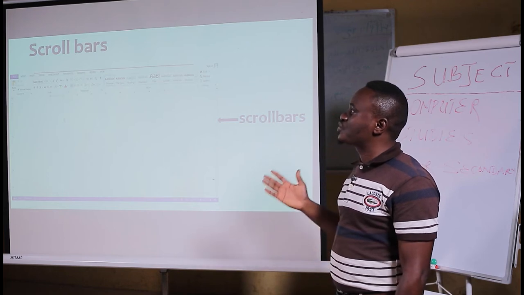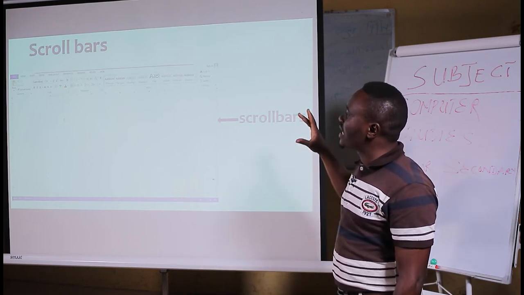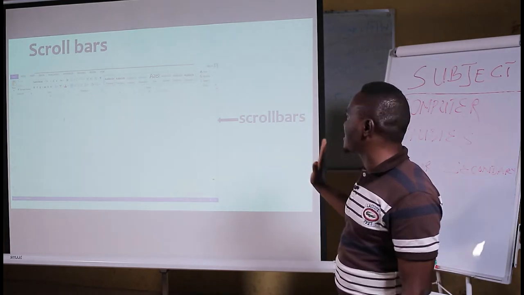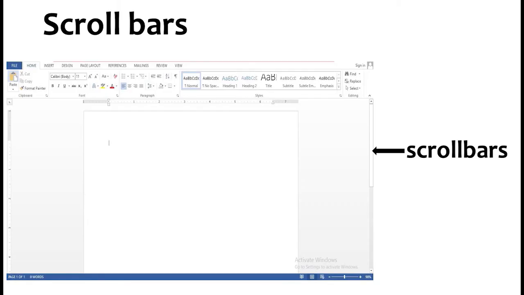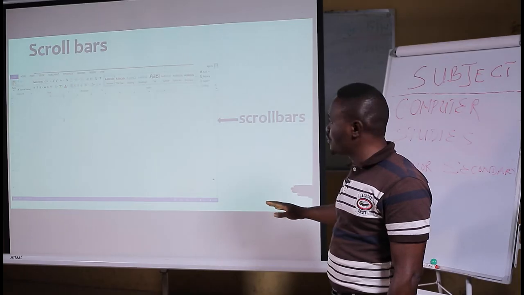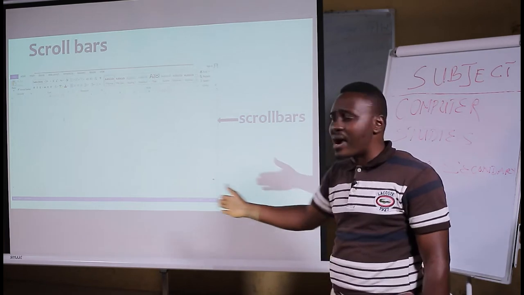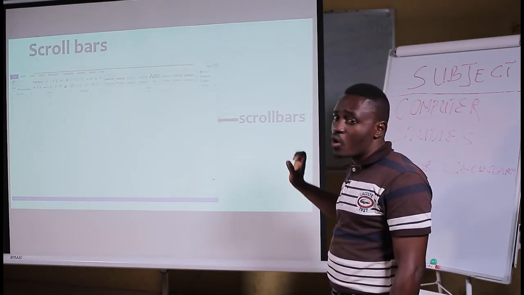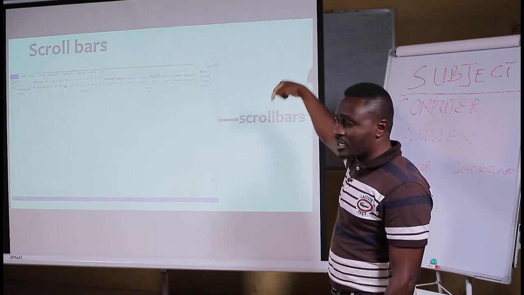We'll be considering the scroll bar. The scroll bar, as we can see, is located by our right hand side, and we also have it at the bottom for some of the Word packages, that enables us to move forward and backward. The one by the right hand side enables you to move upward and you can come down.